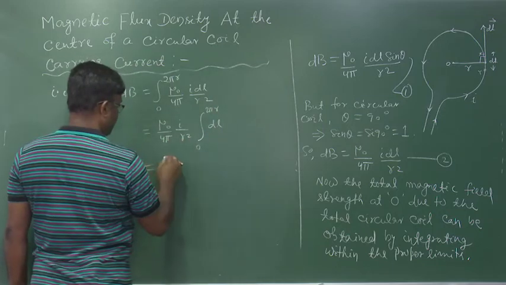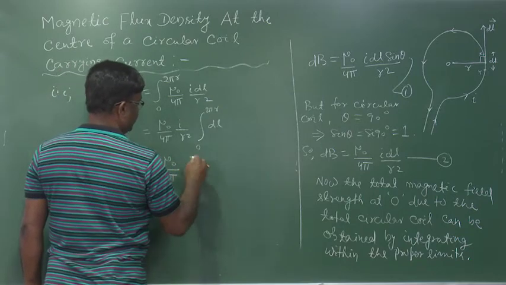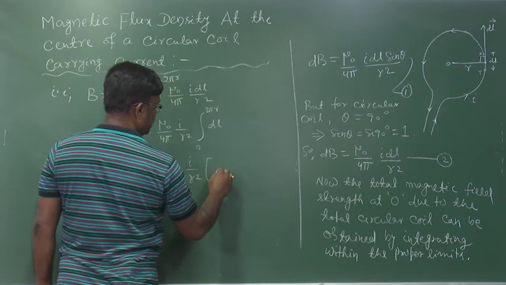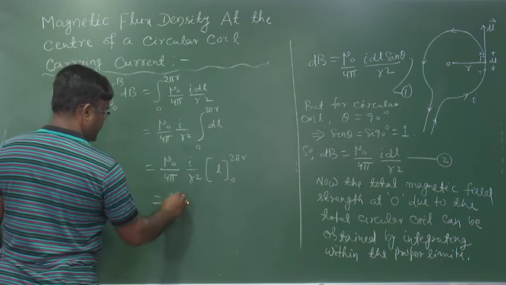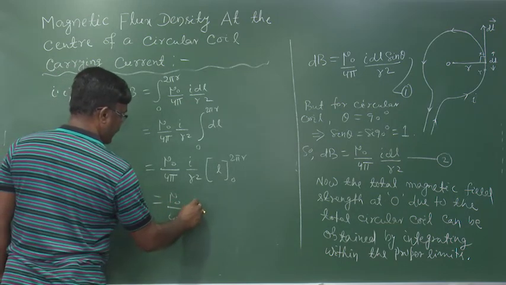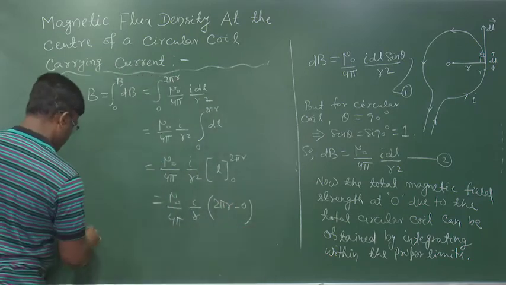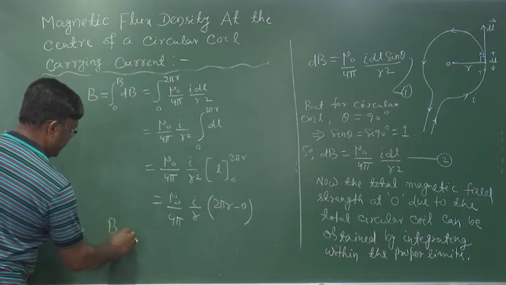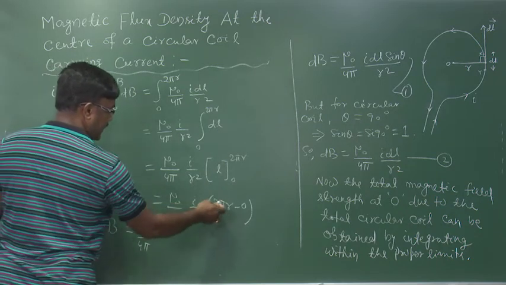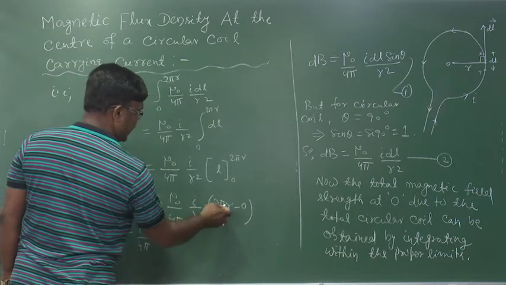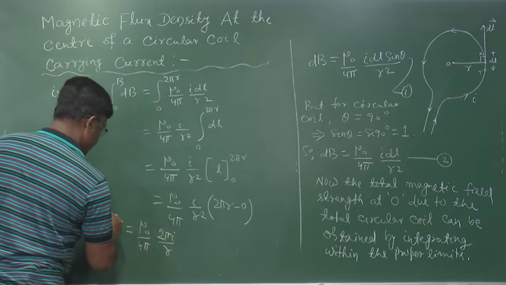The integration of dl is l from 0 to 2 pi r, which gives mu 0 by 4 pi I by r square into 2 pi r minus 0, which implies B is equal to mu 0 by 4 pi into 2 pi I by r, as one r gets cancelled.